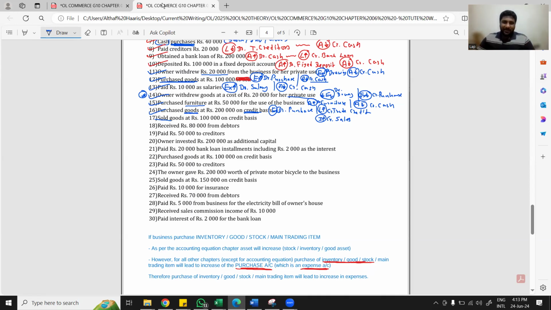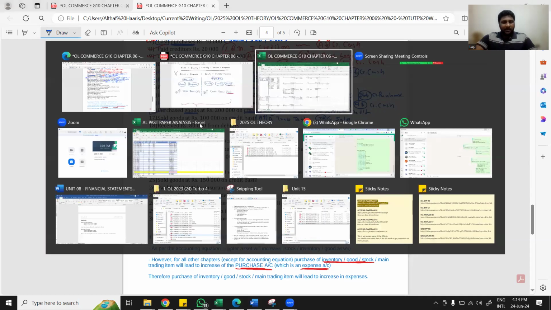Receivables, another name is debtors. So asset increasing, trade debtor, debit. Sales credit.